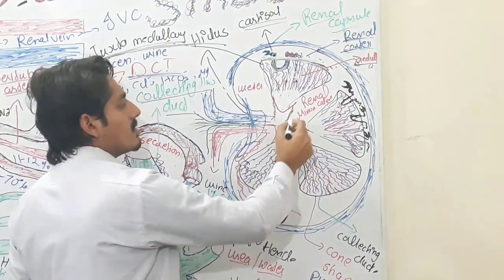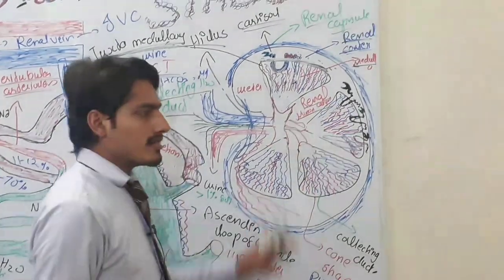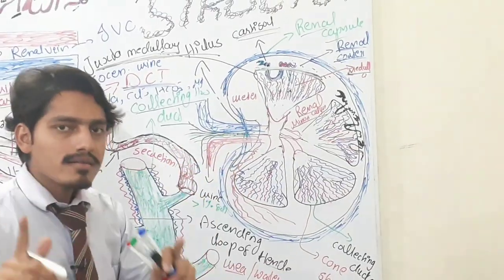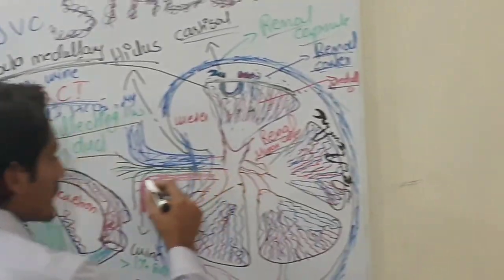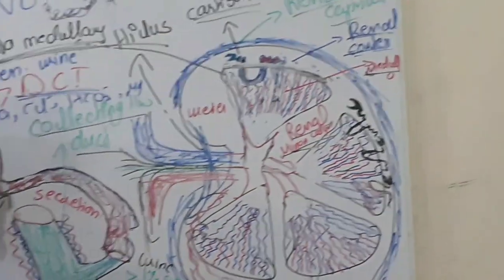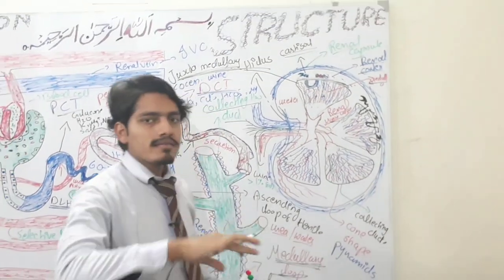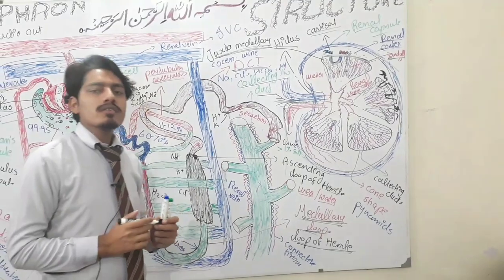The pyramid finally pours into the renal minor calyces. The renal minor calyces further pour into the ureter, and the ureter goes towards the urinary bladder, which attaches with the urethra and forces the urine outside our body.